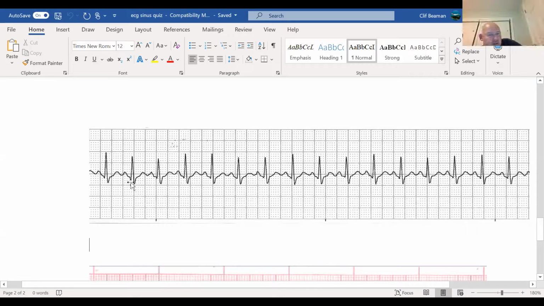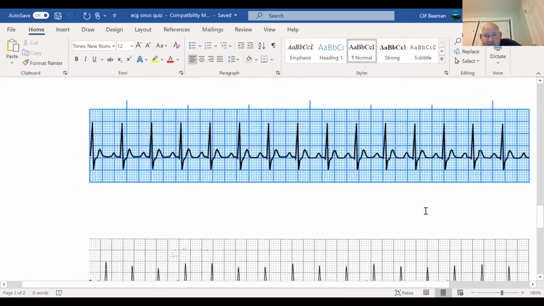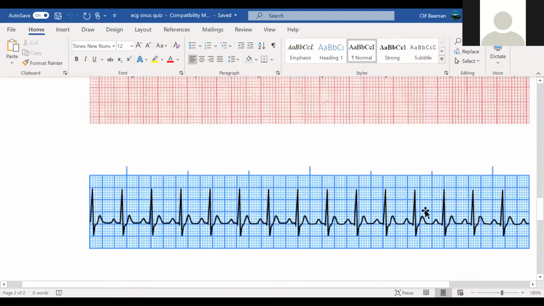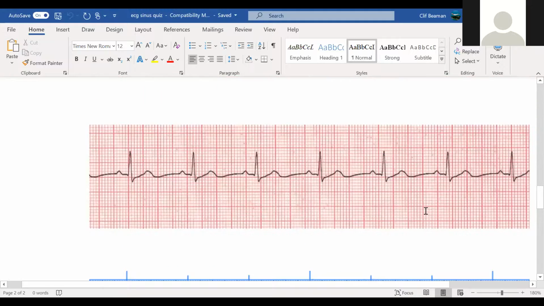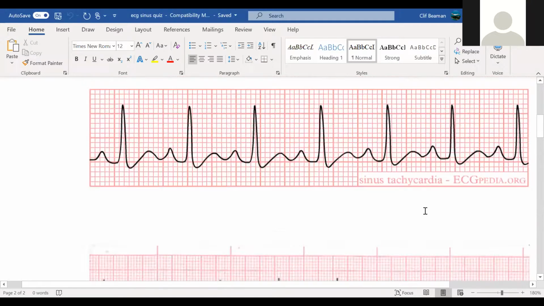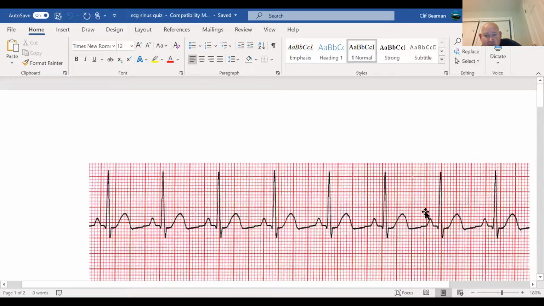It's evenly spaced. It looks pretty regular, right? So this we would consider to be a sinus tach rhythm at about 130. All right? Easy enough, right?